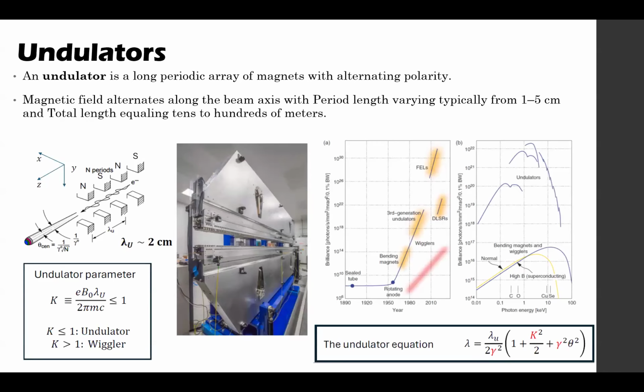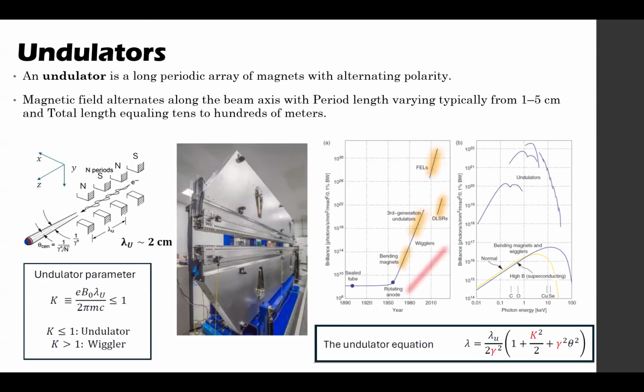Basically, an undulator, as you can see in the diagrams, is just a long periodic array of magnets with alternating polarity. These undulators force an electron to execute small transverse oscillations. During the oscillations, the electrons are accelerated and decelerated, and they emit synchrotron radiation.